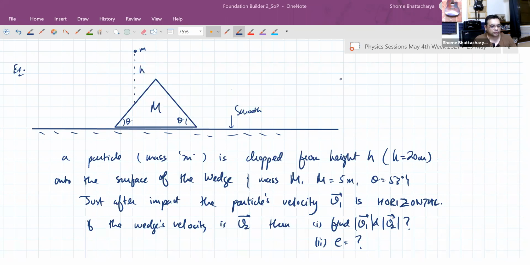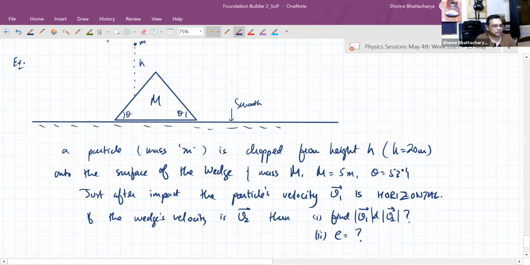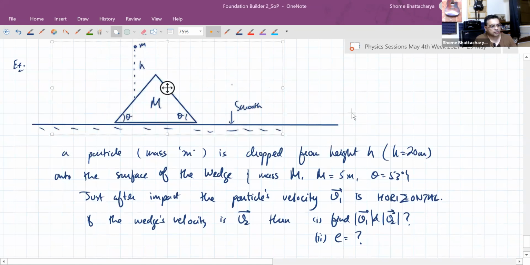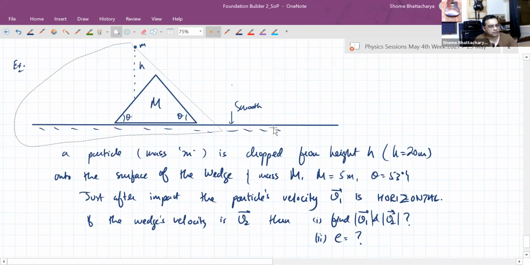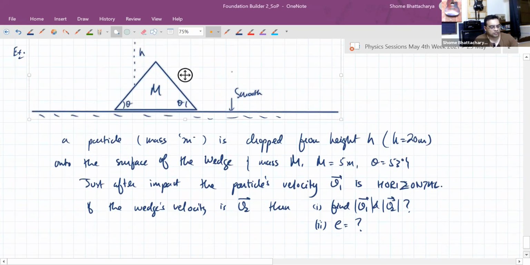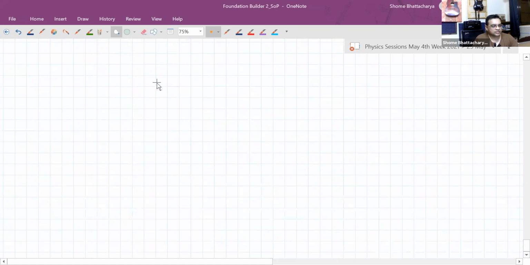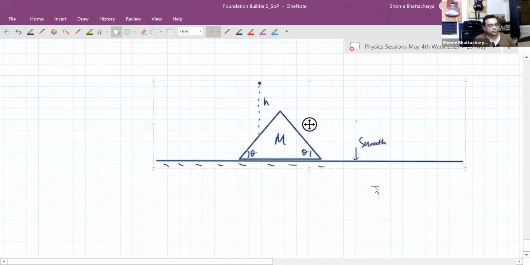So let's see what concepts we can apply over here. This is a system where the particle comes and hits the wedge. Of course, up to then it is in free fall.